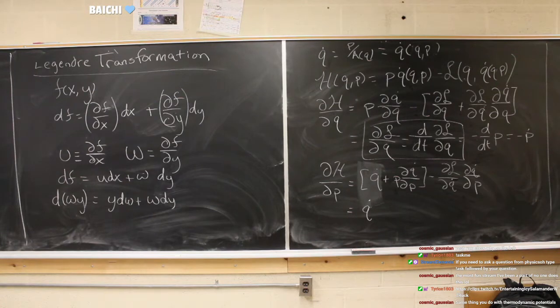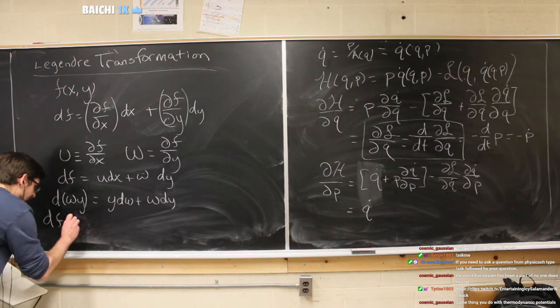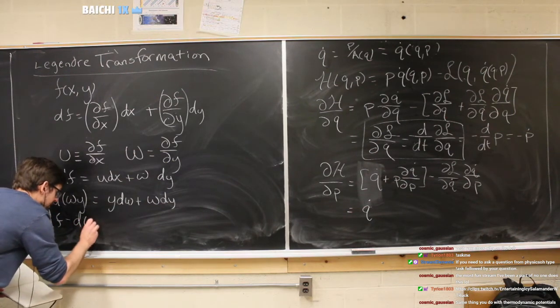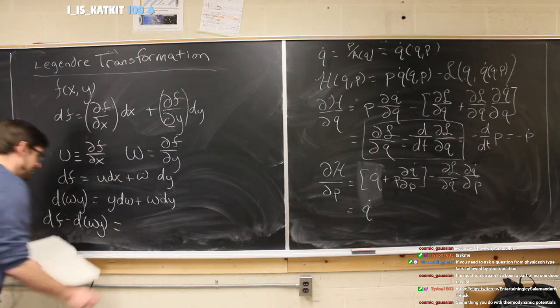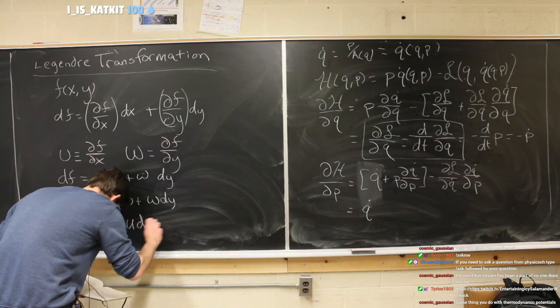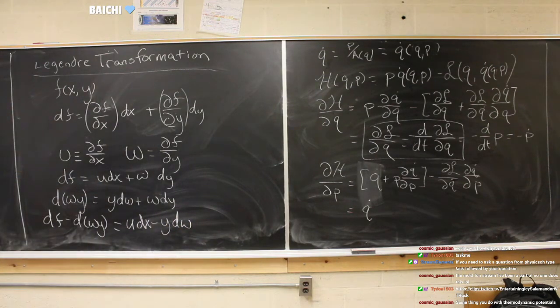Then what happens if we subtract these two equations? We'll get df minus d(wy) is equal to u dx minus y dw. Okay? Nothing crazy.